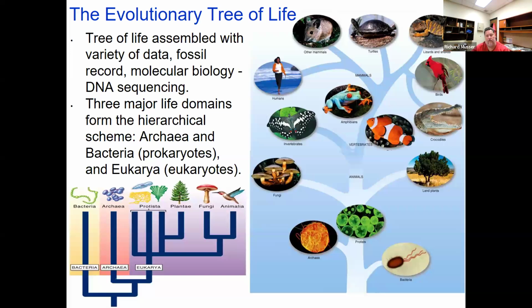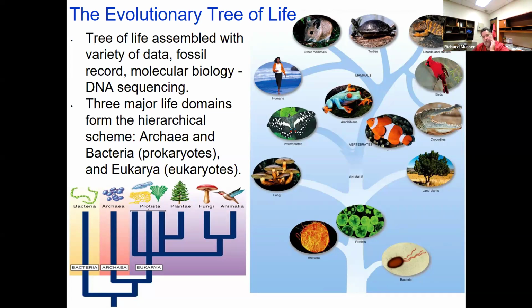All right, so here's the evolutionary tree of life, and the idea is what evolution has suggested and biologists have figured out, that essentially all life on Earth is related to one another, that it came from a common origin of cells that then diversified over time to make the incredible variety of living organisms.